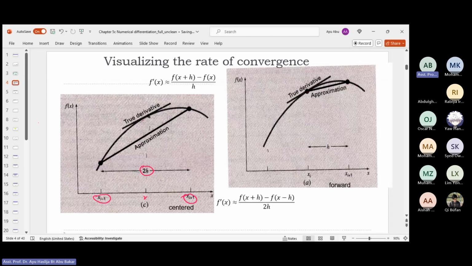Here is your x. Now, the true derivative from this curve is on top here. But we are using approximation, from backward and forward. So combine both, it is centered.